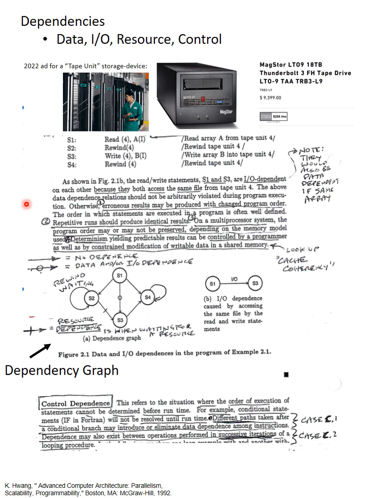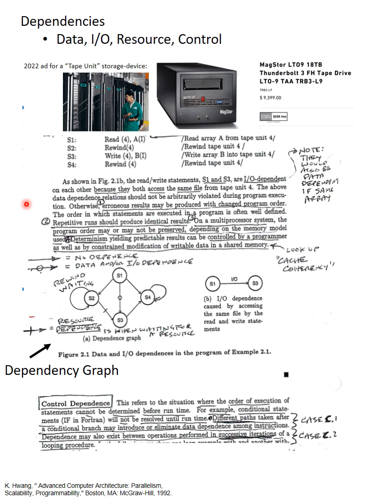Number 3, on multiprocessor systems and parallel processing, the program order may or may not be preserved. We'll talk about that coming up, where you do that intentionally at the instruction level. It certainly can happen at large grain size, between tasks, and that depends on the memory model, and we have lectures on that too.